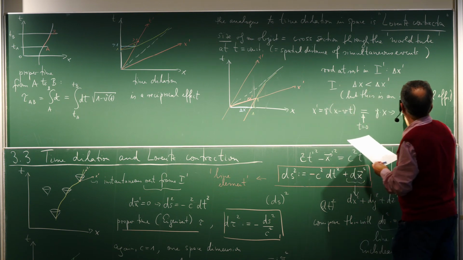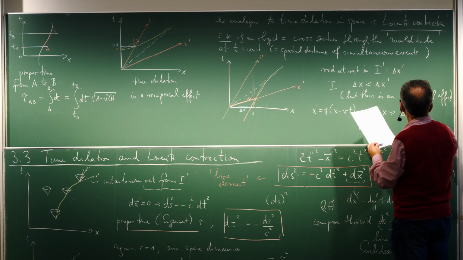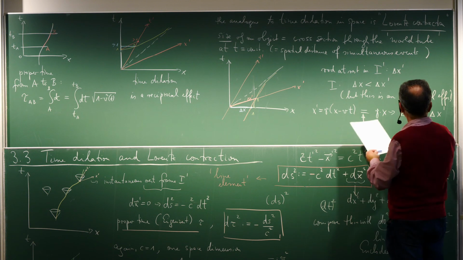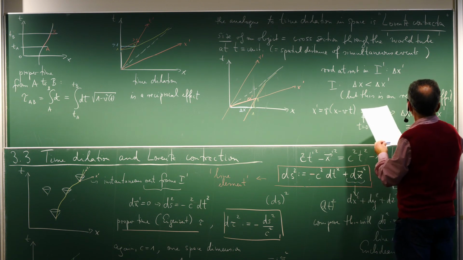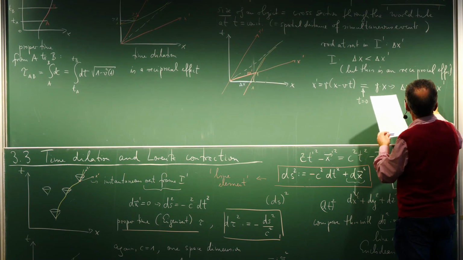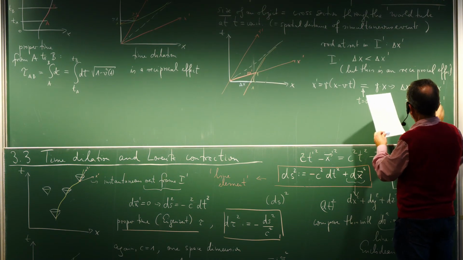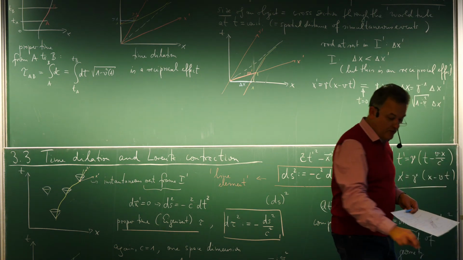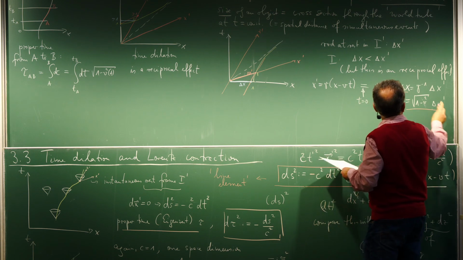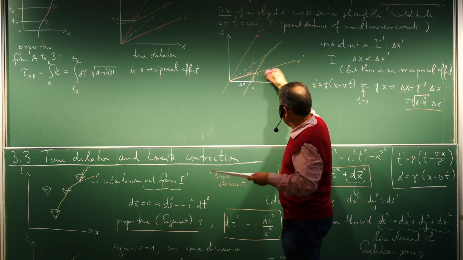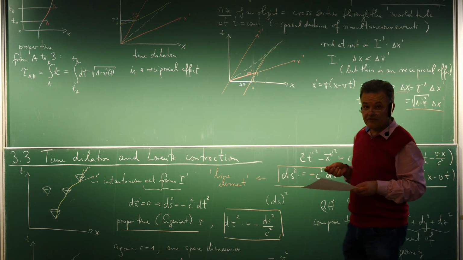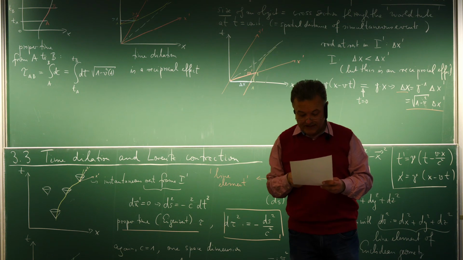So we get from here that delta x is gamma to the minus 1 times delta x prime, which is the square root of 1 minus v squared times delta x prime. And you have here the same or a similar formula as for the time dilation. So this apparent contraction appears with the same factor gamma, or 1 over gamma.